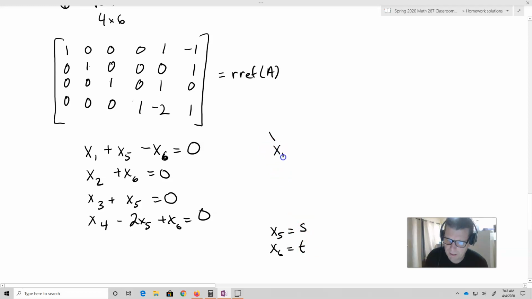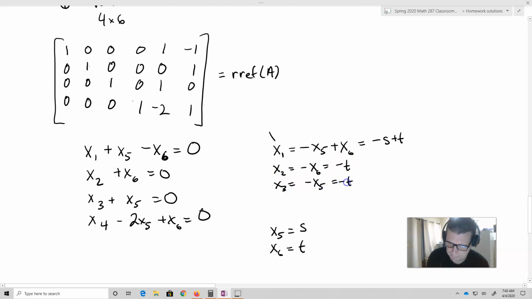So for x1, we're just going to move x5 and x6 over to the other side. So x1 equals negative x5 plus x6, which is simply negative s plus t. x2 equals negative x6, which equals negative t. x3 equals negative x5, which equals negative s. x4 equals 2x5 minus x6, which equals 2s minus t.